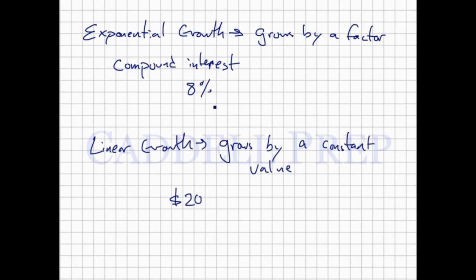Whereas here, one month it may go up by $8. Next month it could increase by $10. Then the following month by $14, and so on. So even the amount that increases by increases each month also. Whereas linearly, it's the same amount of increase each month or year or whatever time period we're talking about.